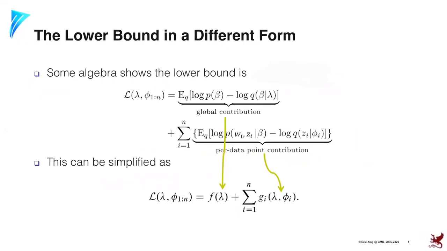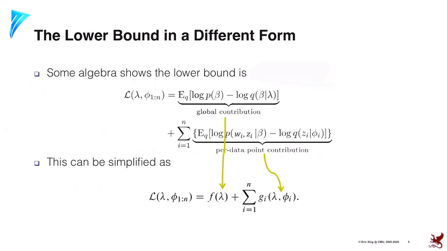And then what we can do is separate the loss function into two different parts. One is the global contribution, and one is the per data point contribution.